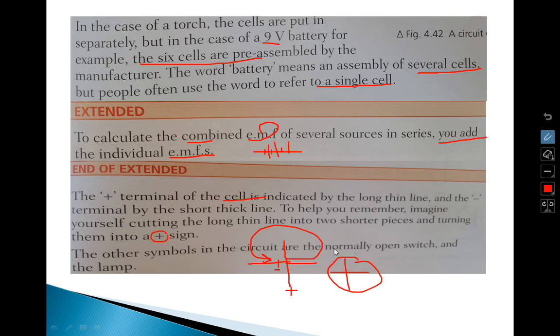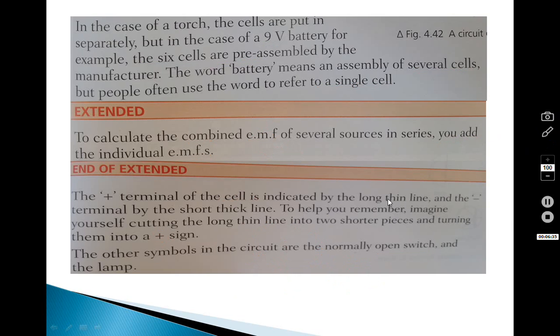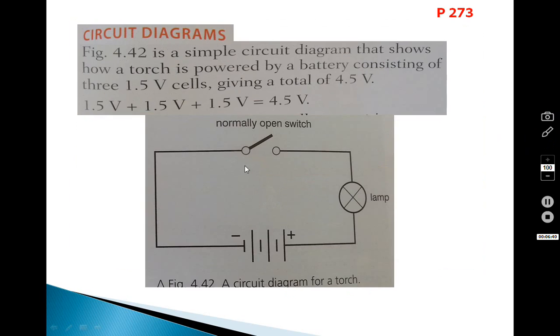The other symbols in the previous circuit were the open switch and the lamp. As we described in this circuit here, this is the source of battery or the cells.